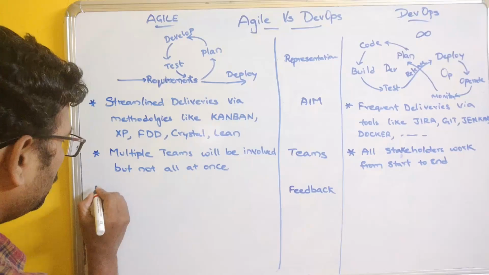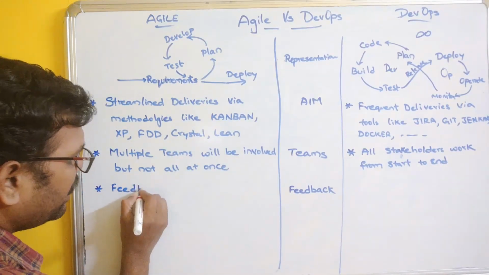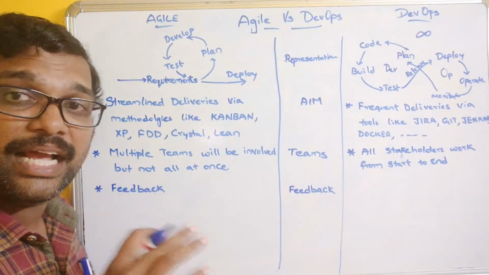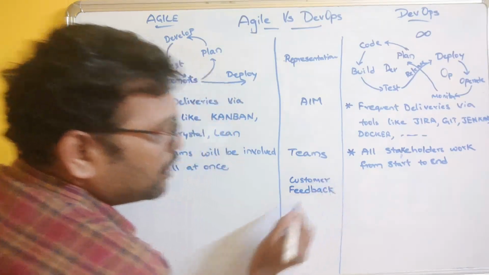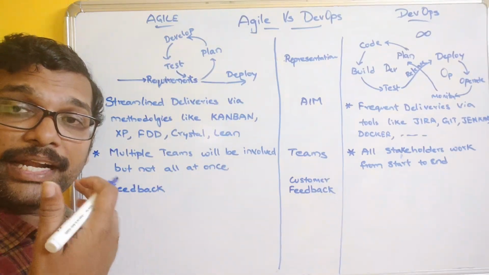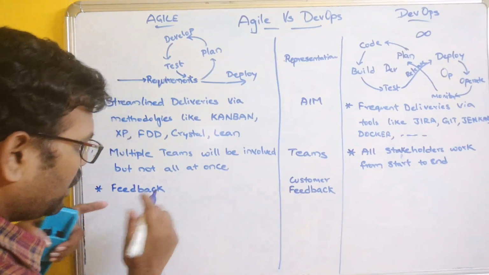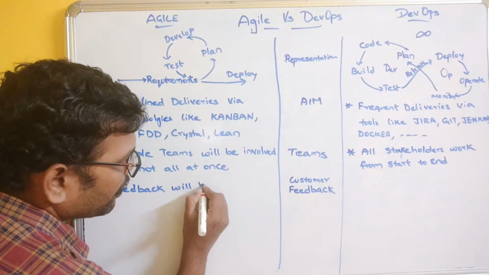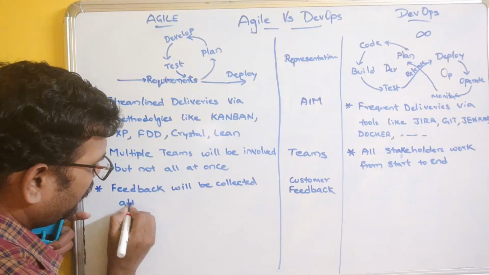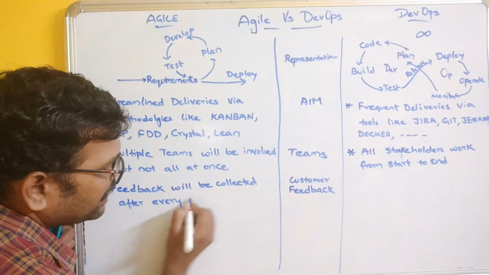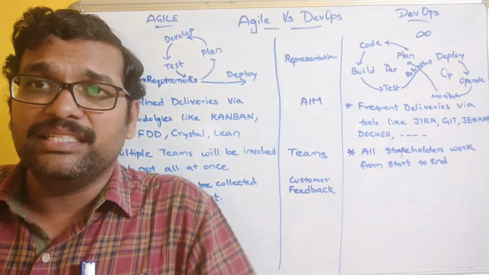Coming to the Agile approach, the feedback, which is the customer feedback, because finally we have to develop a project that should satisfy all the customer requirements, will be collected after every sprint. Here there is another term called a sprint. A sprint is nothing but the release, the first release.